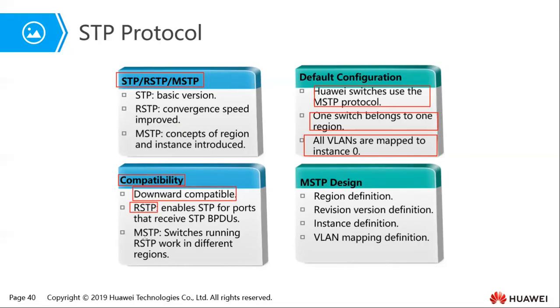If you enable MSTP, then it can switch back to RSTP or even STP. So in terms of MSTP design, you need to consider the region definition, the revision version definition, the instances definition, and also the VLAN mapping definition. So please find time and read about each of those parts so that you understand them better.